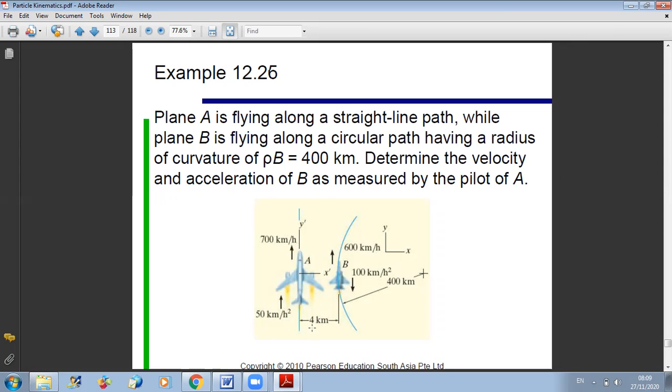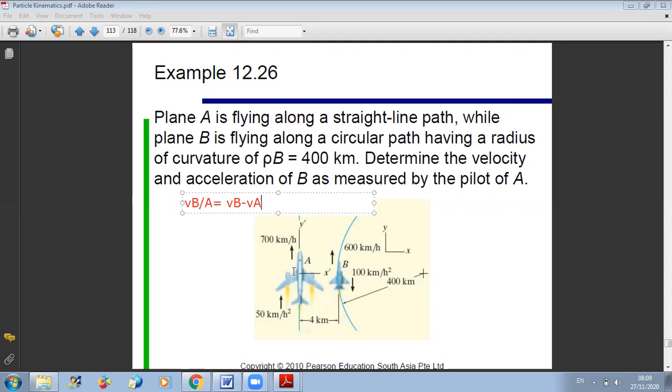Okay? So now we want to find both the velocity of B relative to A and the acceleration of B relative to A. To do this, we start with V of B relative to A. It is equal to velocity of B minus velocity of A. As you can see, the velocities are given.